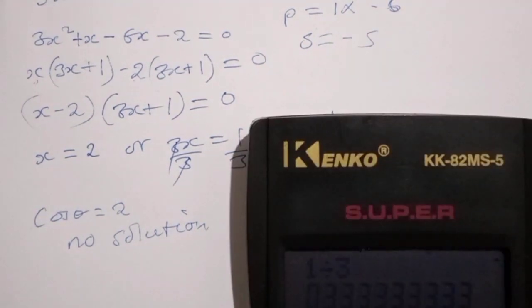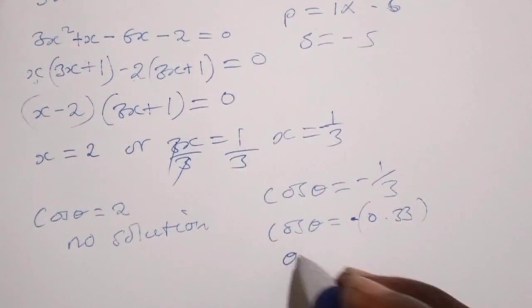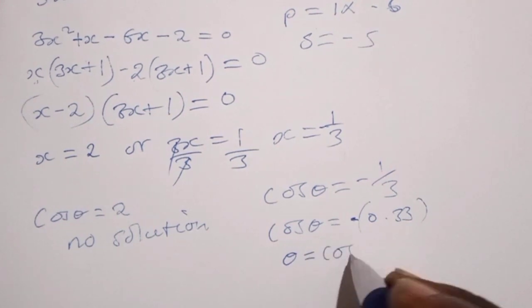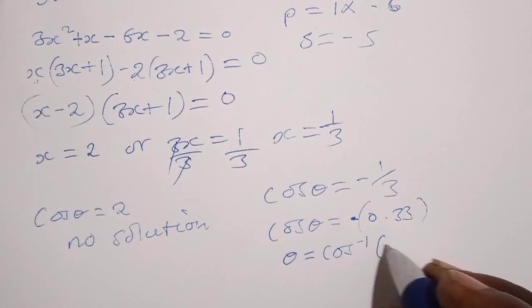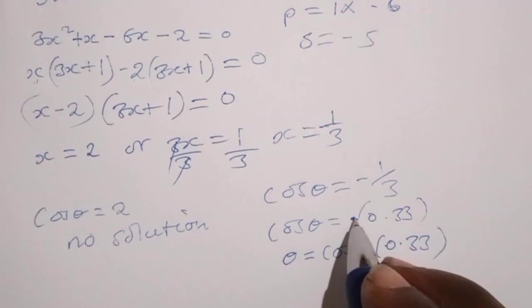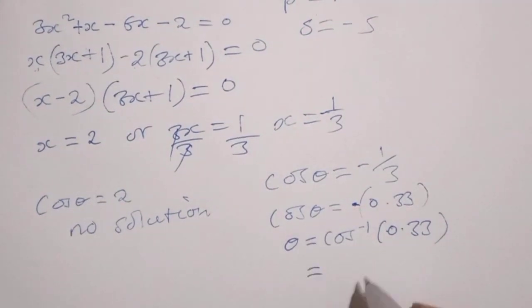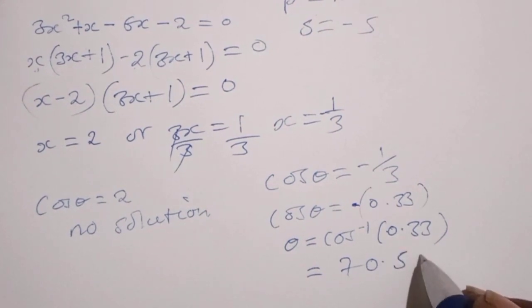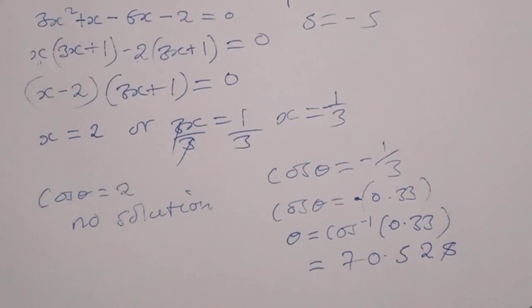So we shift cos. Our first angle is theta equals cos inverse of 0.33. You eliminate the negative, but you have to know that there is a negative. The answer which we have found is 70.528. So this is not our actual angle.